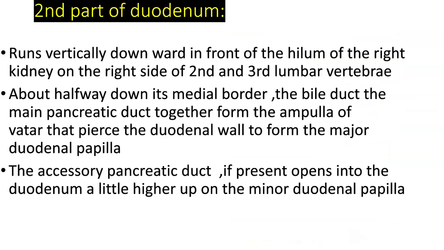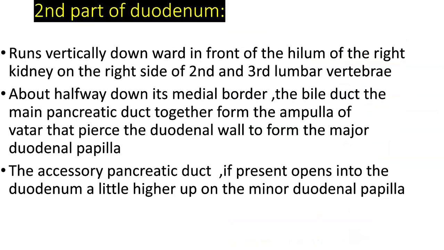The second part of the duodenum runs vertically downward in front of the hilum of the right kidney, on the right side of the second and third lumbar vertebrae. About halfway down its medial border, the bile duct and the main pancreatic duct together form the ampulla of Vater, which pierces the duodenal wall to form the major duodenal papilla.